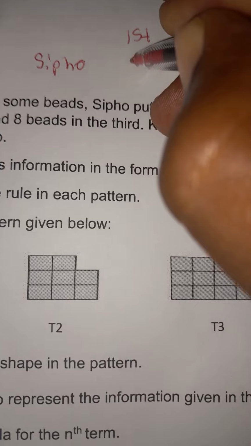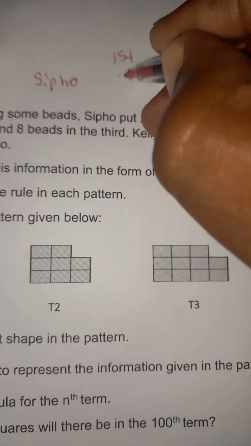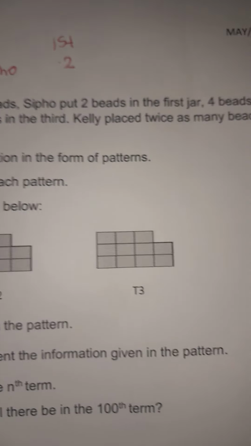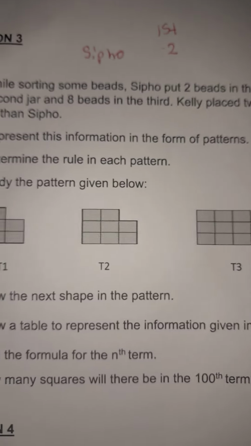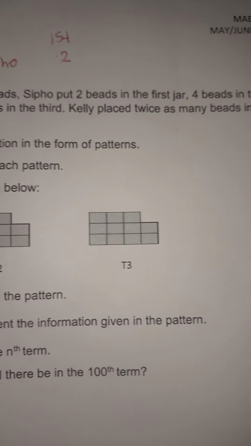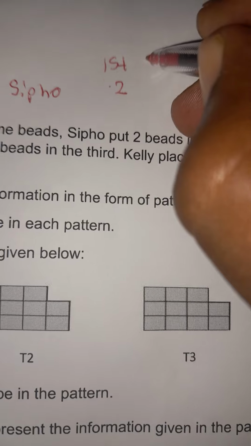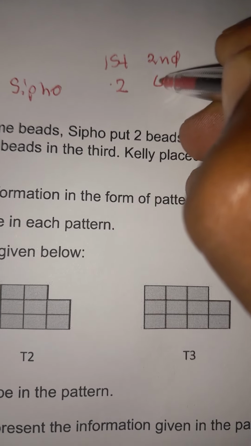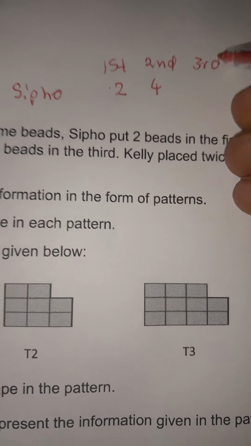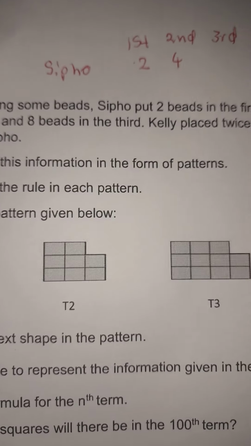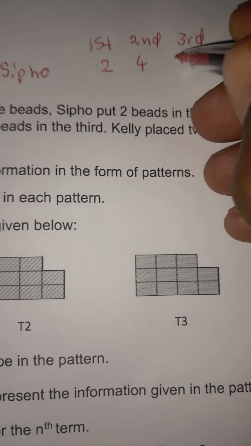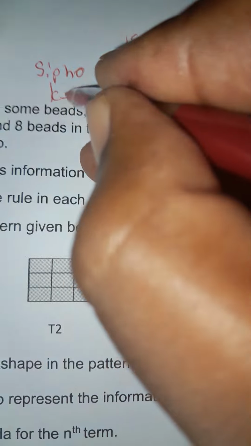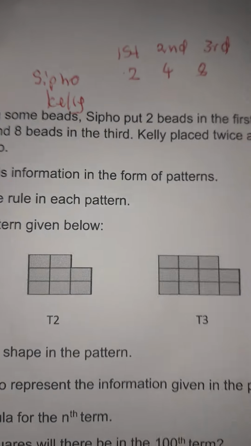In the first jar he put 2 beads. In the second jar he put four beads. The third we are told there are 8 beads. So what about Kelly?